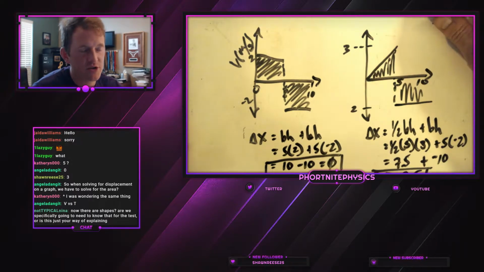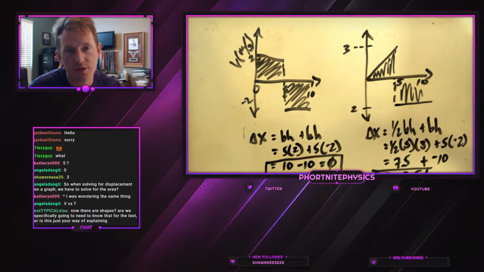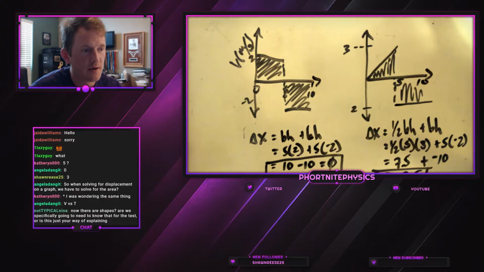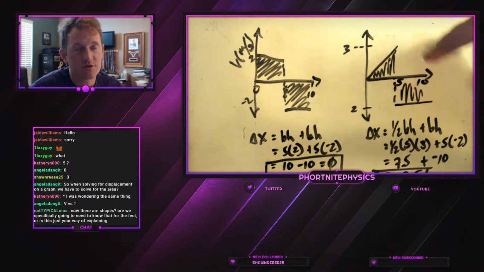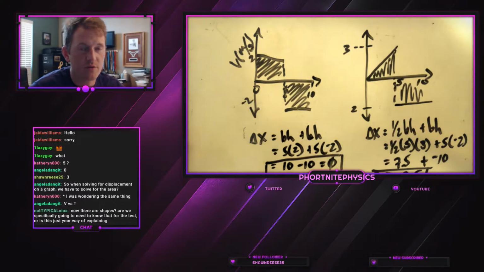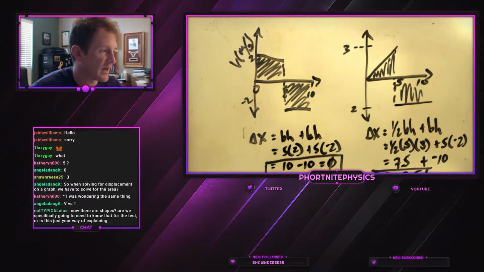And it's a good way to check your work, like with letter F on the worksheet from earlier this week, or from Friday of last week. You would have been able to check your displacement calculation by doing this method on your velocity versus time graph.